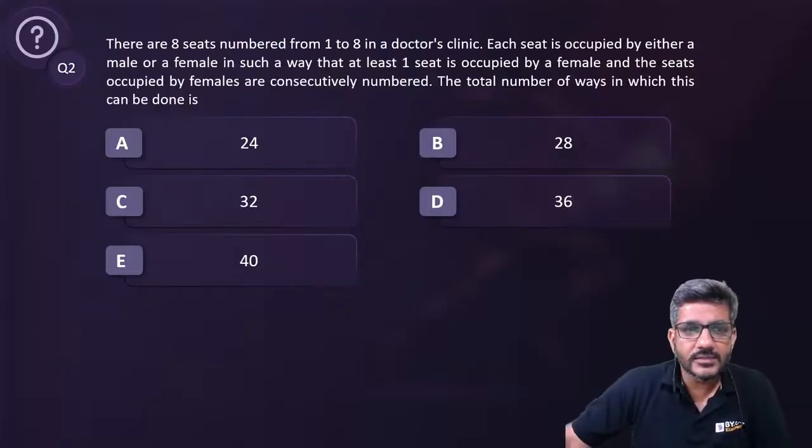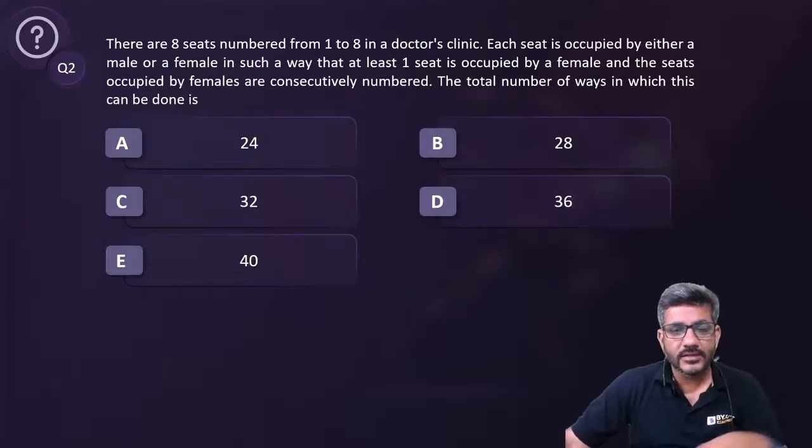Any more answers? No Ledger is saying D. Okay, let's start doing this question as well.